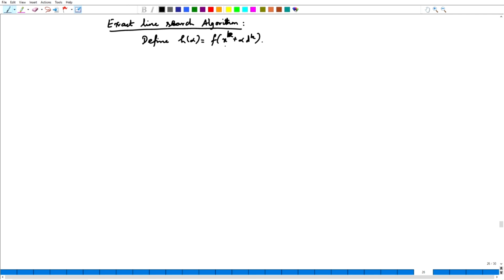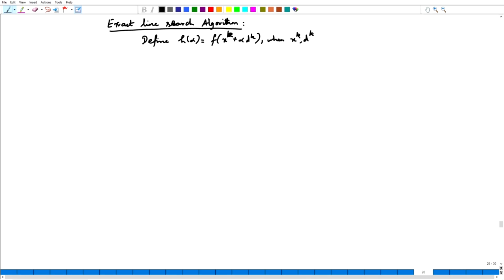So, suppose you are given the vectors x k and d k, then h is actually just a function of alpha. I am just defining h as a function of alpha when x k and d k are given.